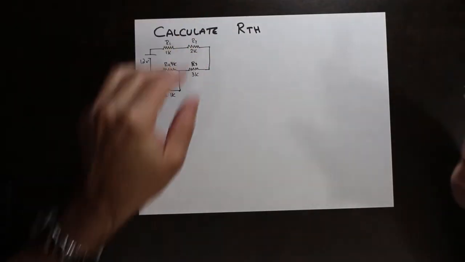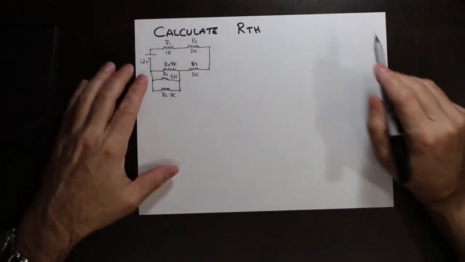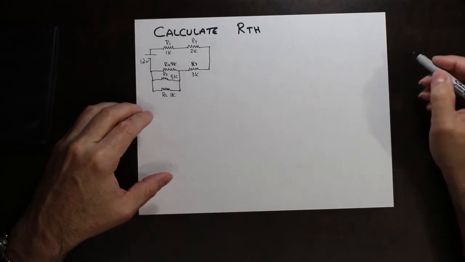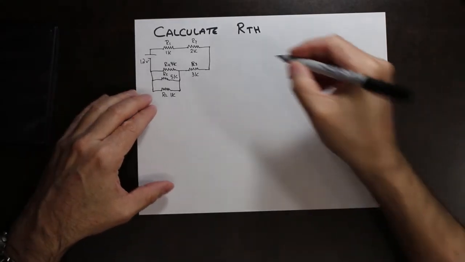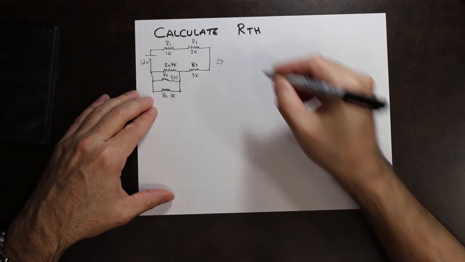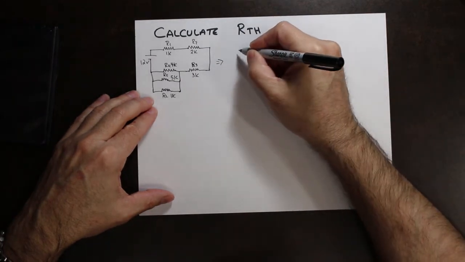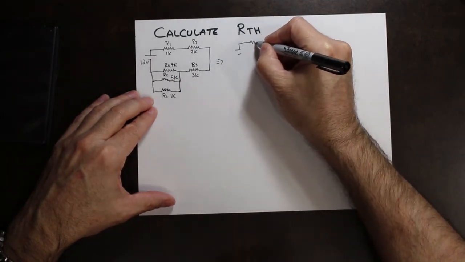So again, we're going to walk through the procedure, the one that is online and the one that you follow in the book. Your first step is to remove the load. So I'm going to recreate this circuit.